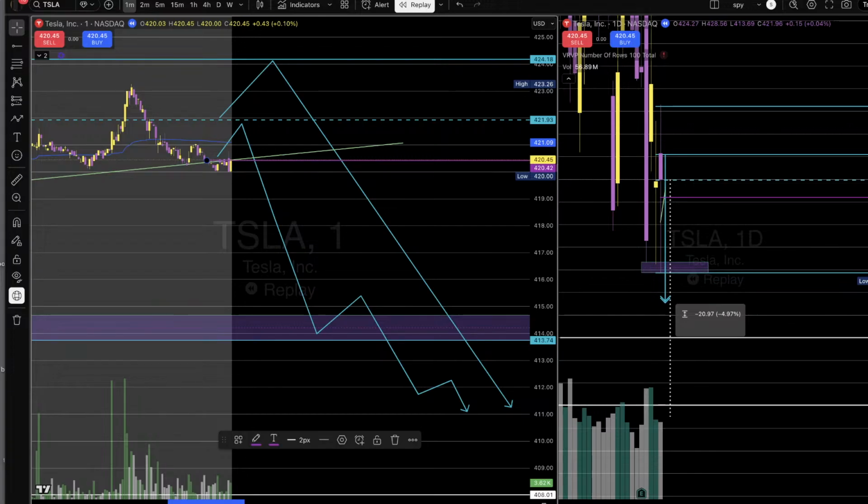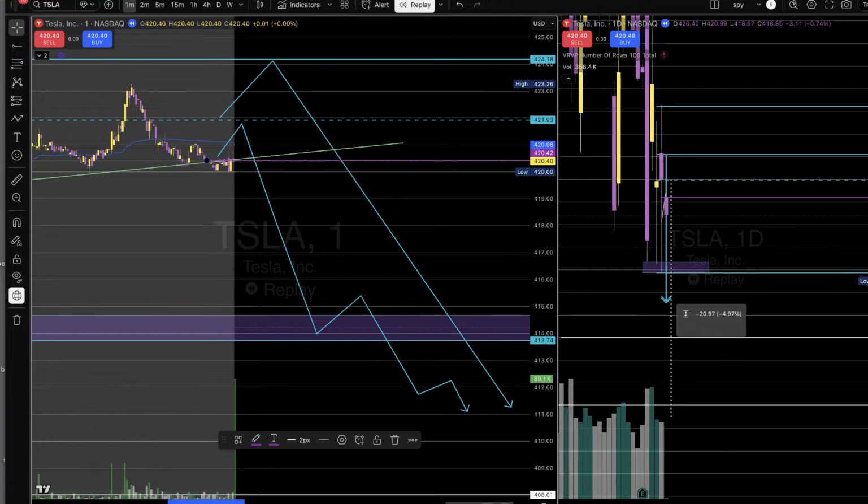But let's see. First candle, that's 29. Let's see if we get a rejection. Okay. That's also another pre-market entry.